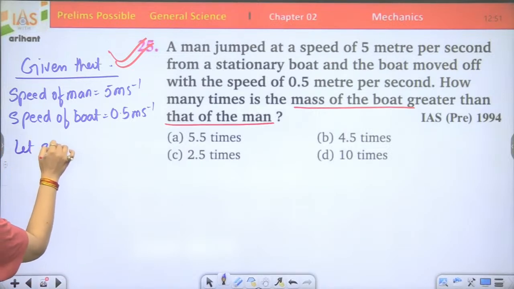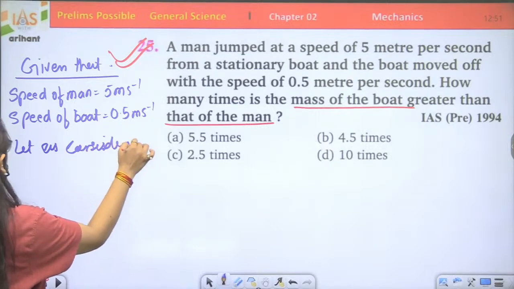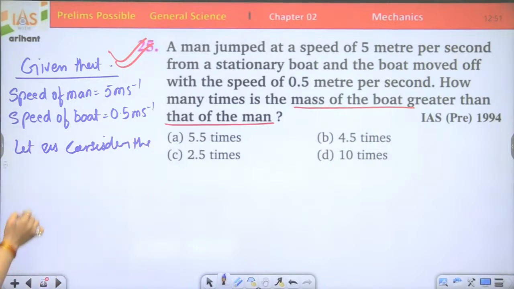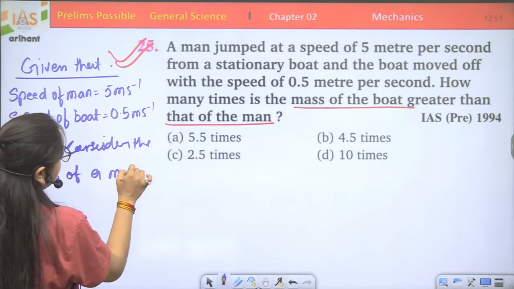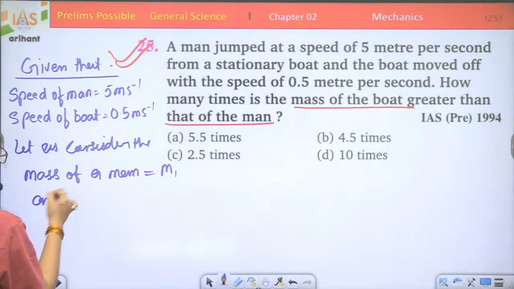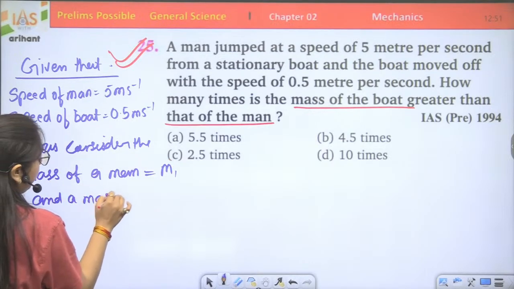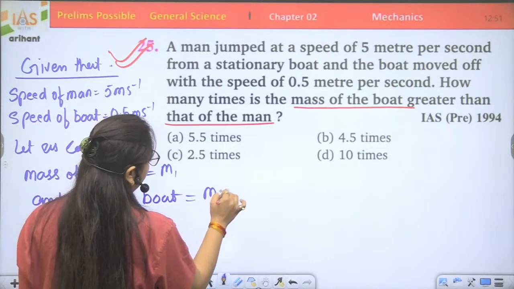Let us consider the mass of the man is equal to m1 and the mass of the boat is m2, right?